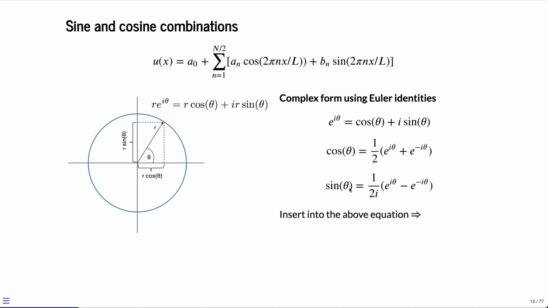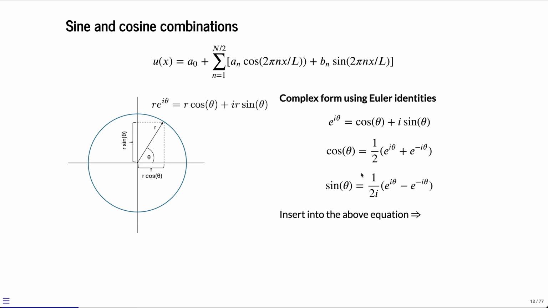We can do the same thing for sine, writing e to the i theta minus e to the minus i theta, and then this has an imaginary term that we cancel with the 1 over i, and again the 1/2 term. So these are easy to verify. You can pause the video and convince yourself that these identities work using these three equations.